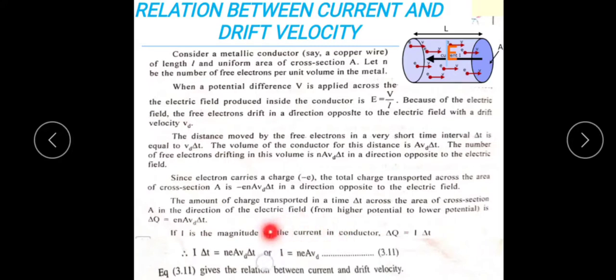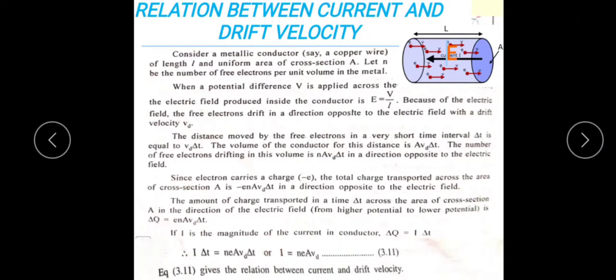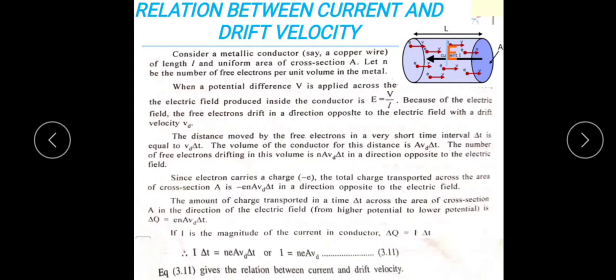This equation gives the relationship between current and drift velocity. So this is the relation between current and drift velocity: I is equal to n e A Vd.